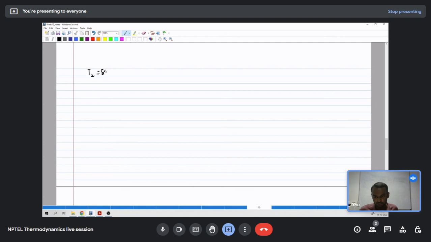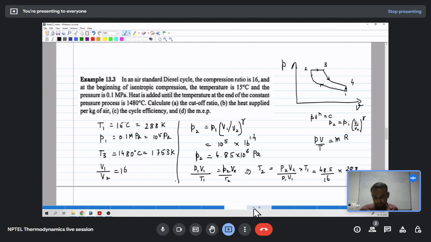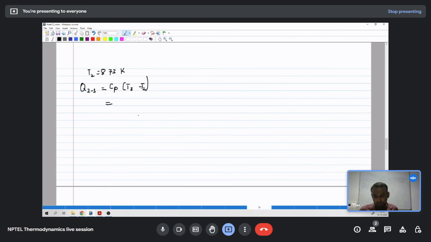T2 is 873 Kelvin. And now heat is added in the process 2 to 3, which is given by Cp into T3 minus T2. T3 is given in the problem as 1753 Kelvin, and we know Cp of air is 1.005 kilojoule per kg Kelvin.